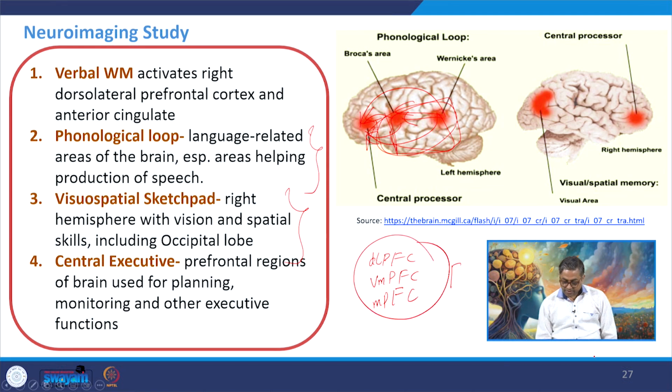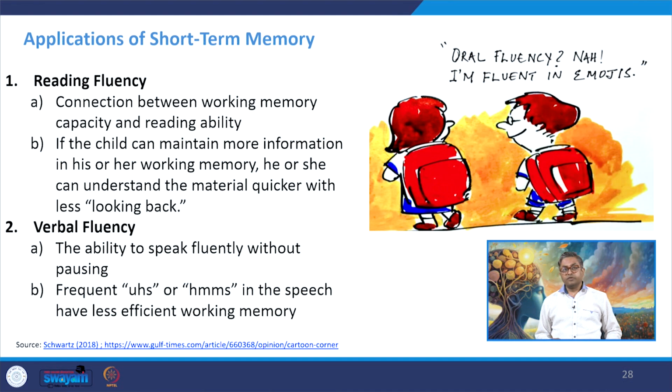So, the frontal cortex is comprised of these three different brain regions, which together are collectively responsible for the central executive system. This region is responsible for planning, monitoring and other executive functioning, integration of information, and selection of the information per se.